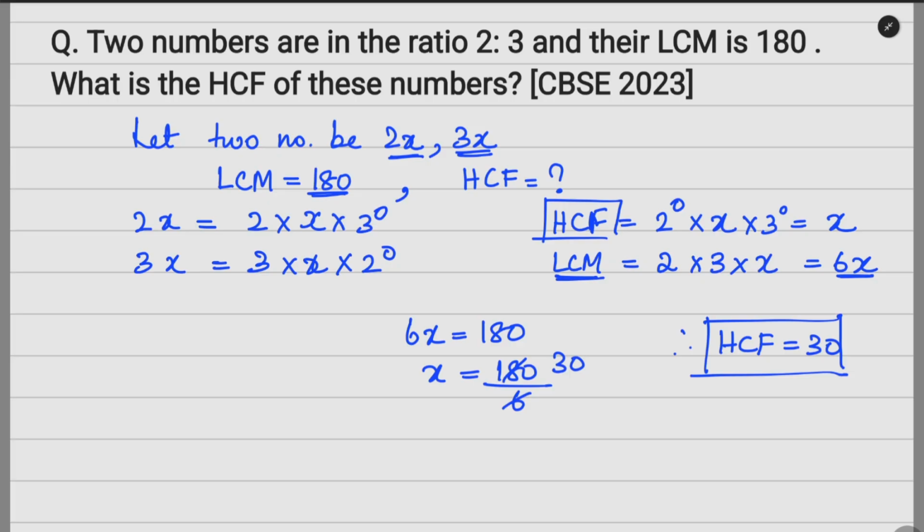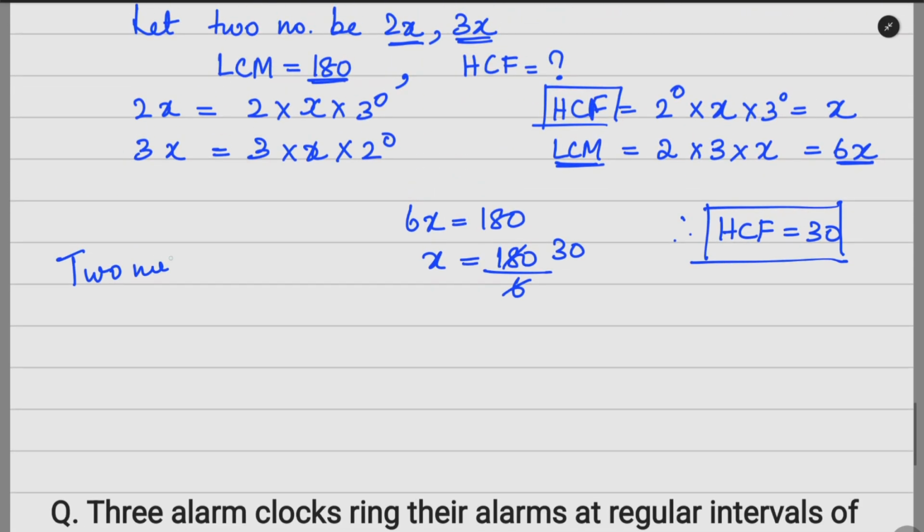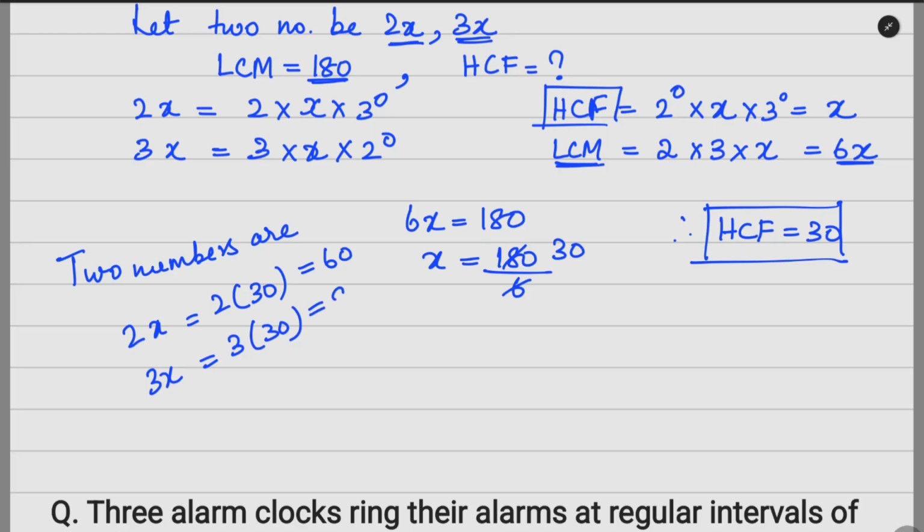Suppose you are asked to find those two numbers. Here in this question, it is not asked. So the two numbers are 2 into x, 2x, and 3x, which is nothing but 2 into 30 and 3 into 30, which is nothing but 60 and 90.